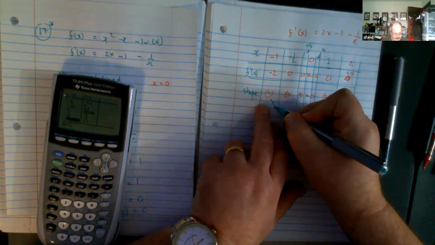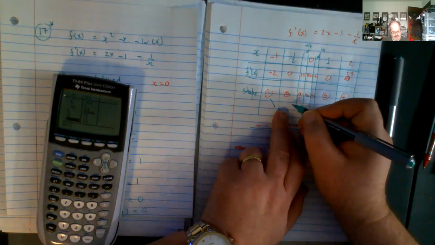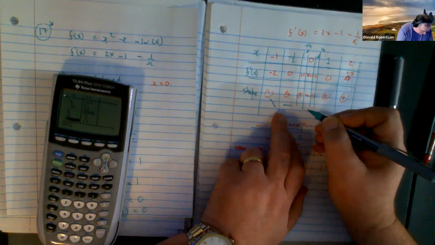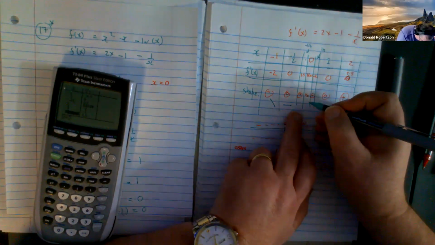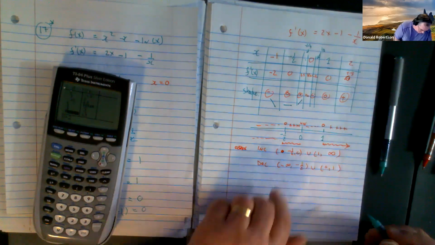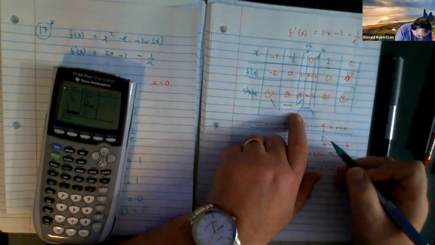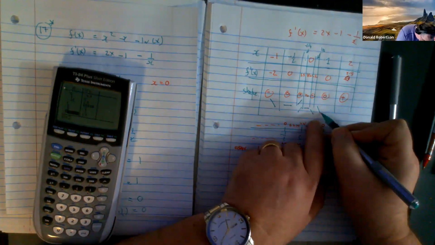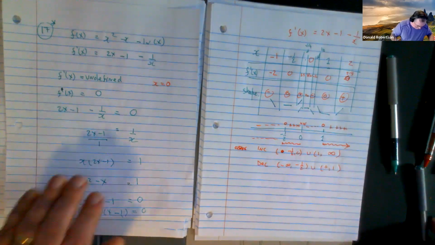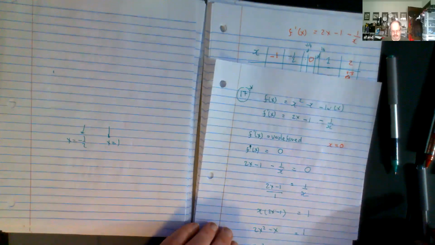It goes negative, zero, positive. If I look here, it goes positive, 0, negative. And if I look here, it goes negative, 0, positive. And I have just discovered something that hasn't happened yet.